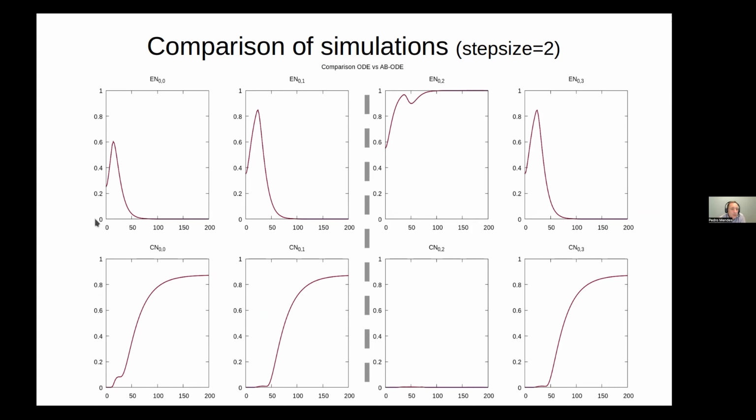Now I should mention that a very particular characteristic of this von Dassow model is that they rescaled all the variables, so all the variables go between 0 and 1. This is a very interesting approach because it made the model completely non-stiff. There is almost no time scale separation in this model. Most molecules are on a similar time scale, as you saw, basically moving with about the same dynamics.